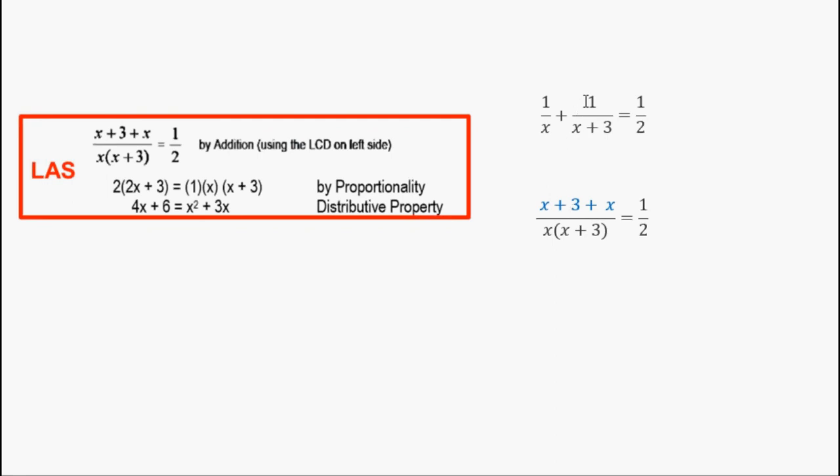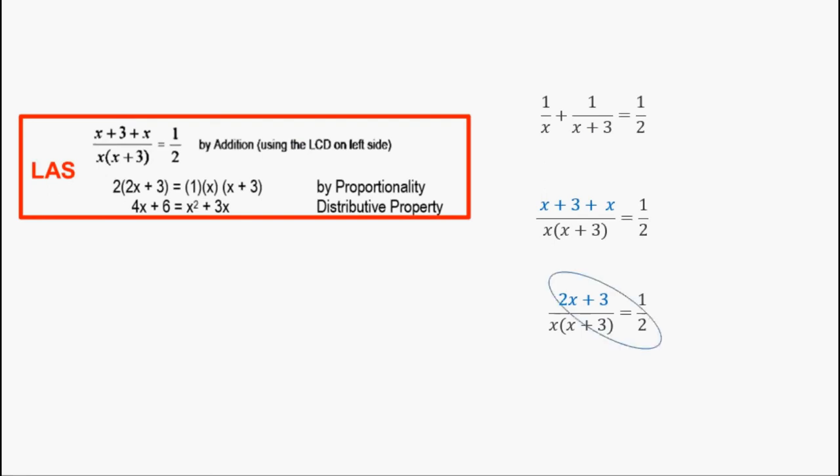And then, 1 over x plus 3 times the LCD, na-cancel naman yung x plus 3, kaya naging x na lang dito. And then, sa denominator naman, sinulat yung LCD na x times x plus 3. Simplifying the numerator, we have x plus x, 2x plus 3, all over, copy lang ulit natin yung denominator.